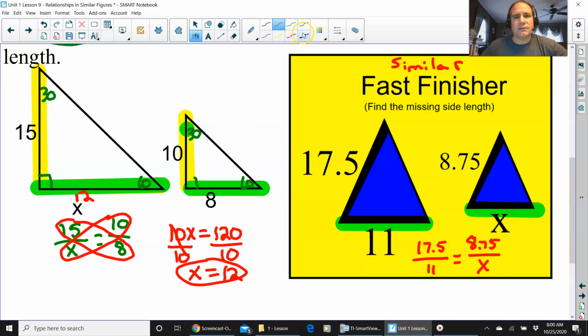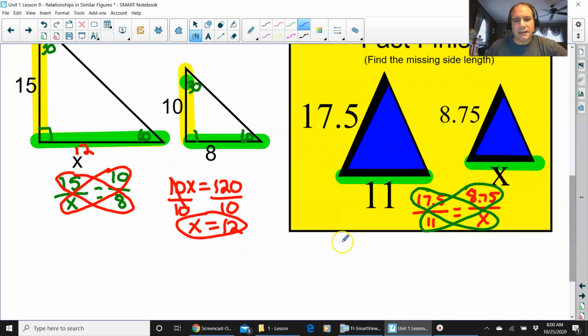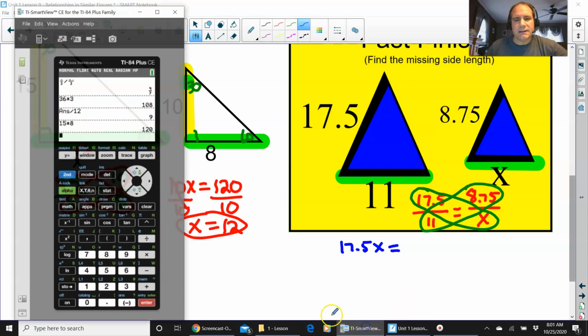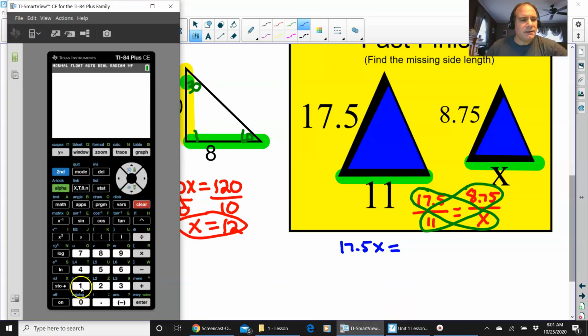Now go ahead and cross multiply, and I'm going to draw my loops. Hopefully you're ahead of me on this right now. And we have 17.5x equals, and let's go ahead and do 11 times 8.75. That is 96.25.